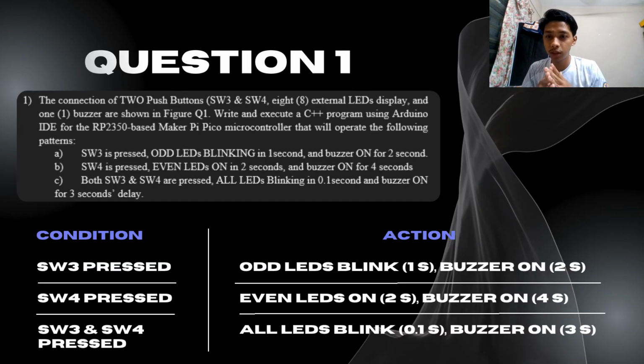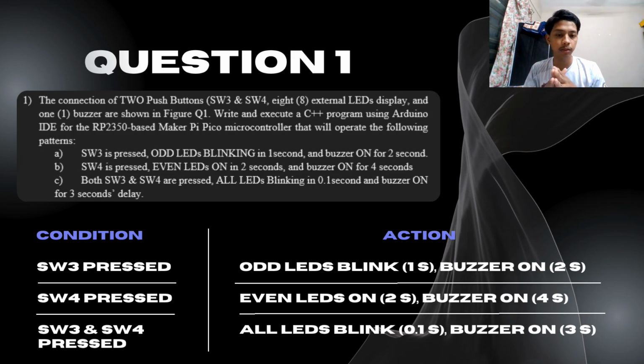Before we go further, let's take a look at the question. Question 1 for this Lab 3. Process A: when switch 3 is pressed, the odd LEDs blink for 1 second and the buzzer is on for 2 seconds.